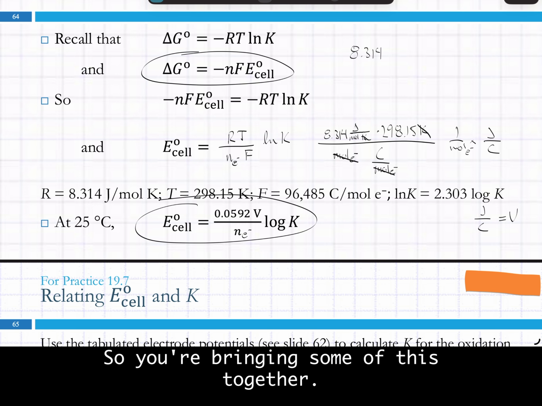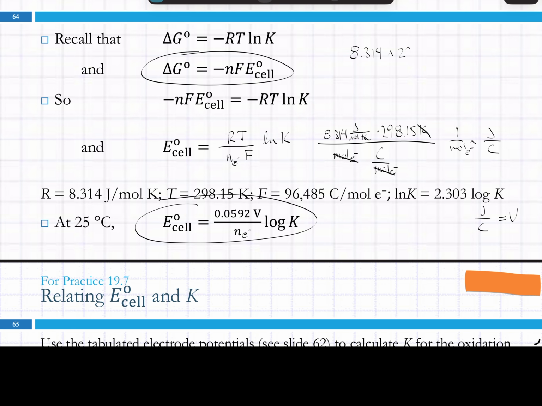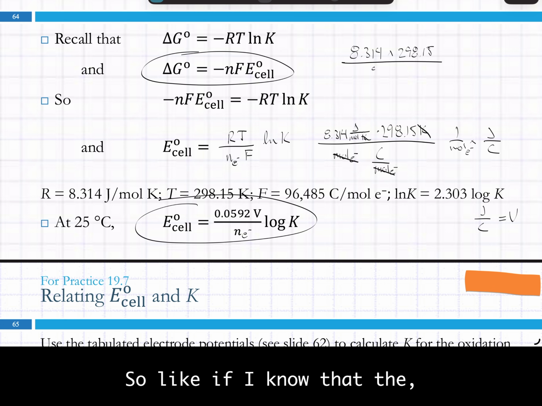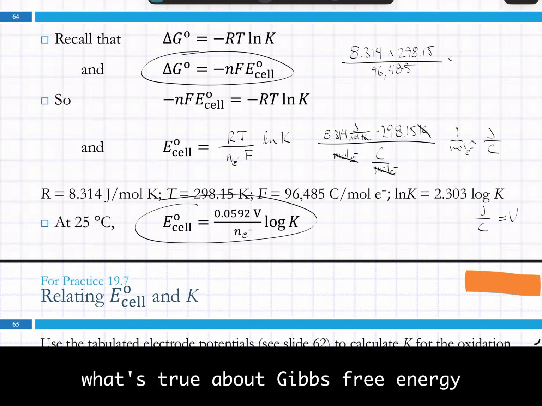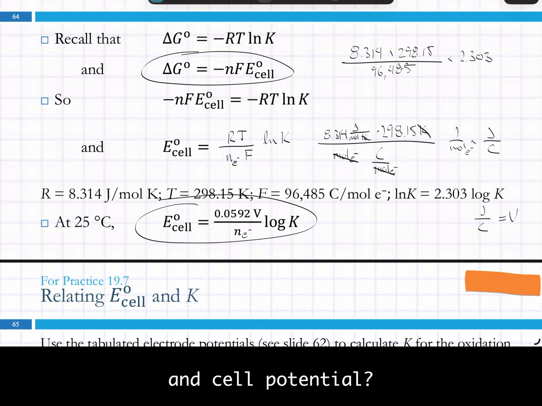So maybe we could bring some of this together. If I know that the equilibrium constant is 1.2 times 10 to the 3, what's true about Gibbs free energy and cell potential?